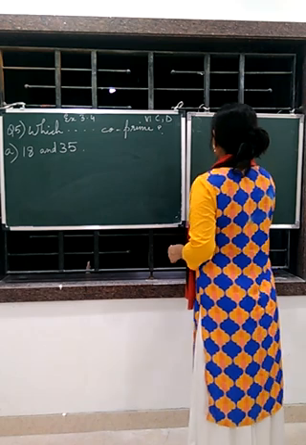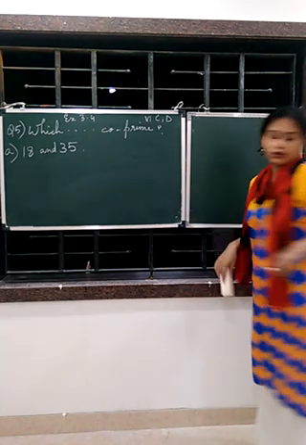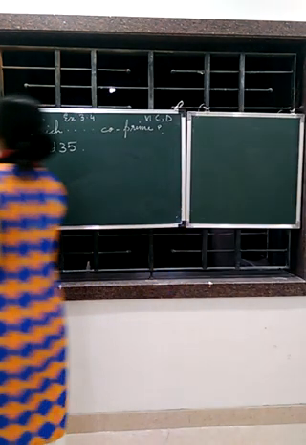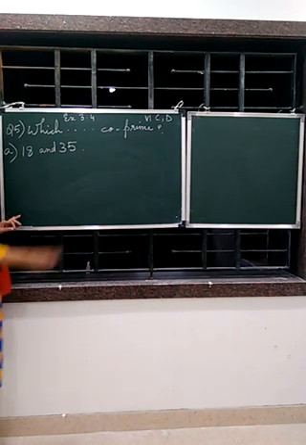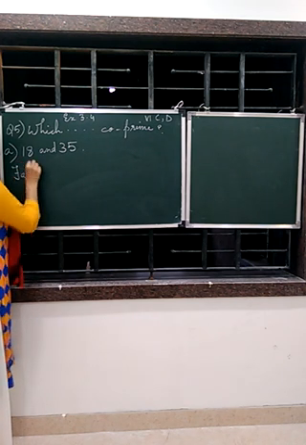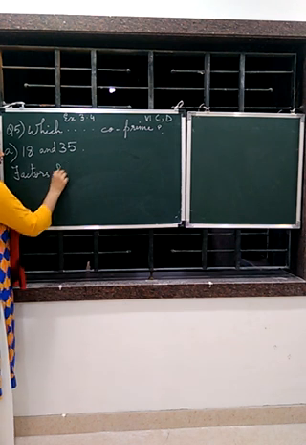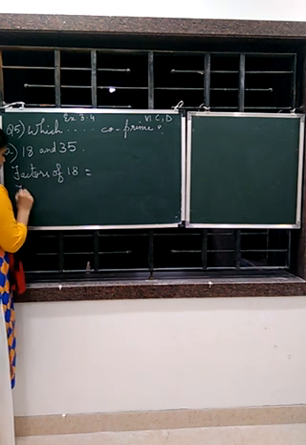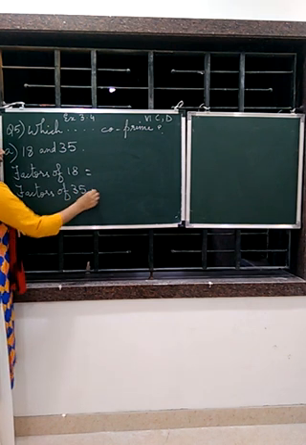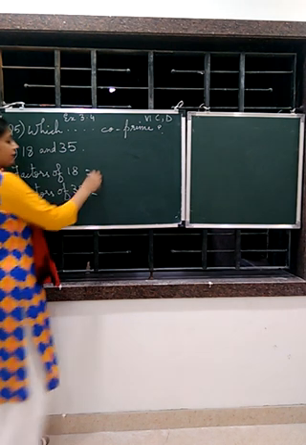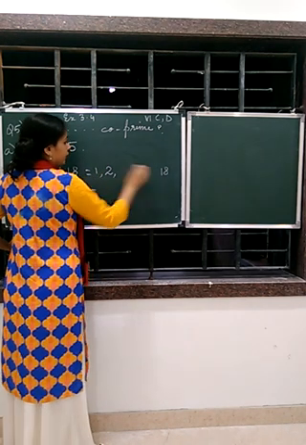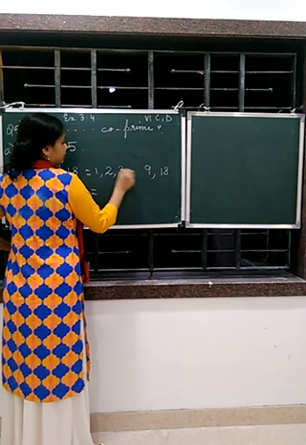Going ahead with the question, we need to know the factors of 18 and the factors of 35. What are the factors of 18? 1 and 18, 2 and 9, 3 and 6.